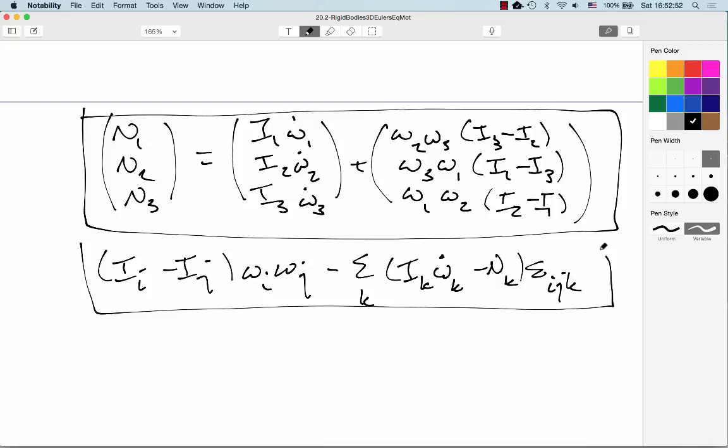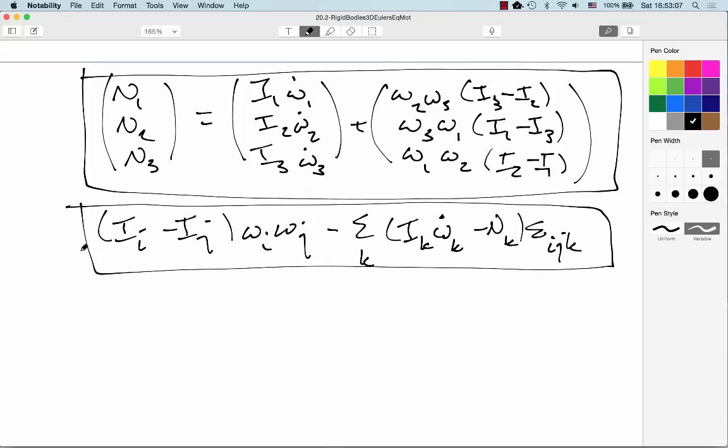So this is just an alternate way of writing Euler's equations of motion of rigid bodies. Okay, so let's revisit our friend, the rotating rigid dumbbell, as an example here.